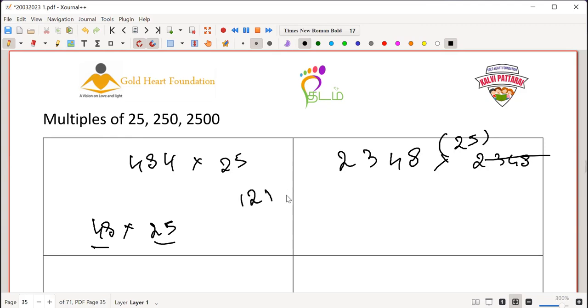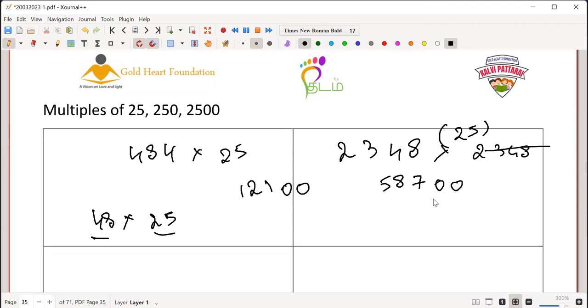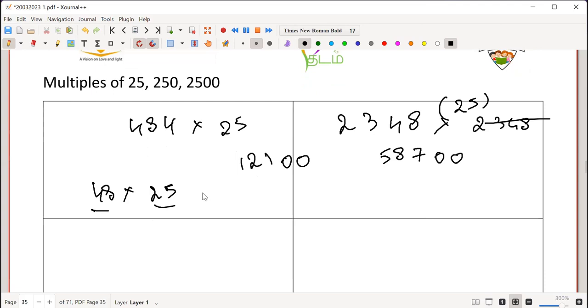One, two, one, 7, 5, 8, 7, double 0. Good. See, completely, you'll see. 25 is 100 divided by 4, it will give 100. This is 2 into 2.